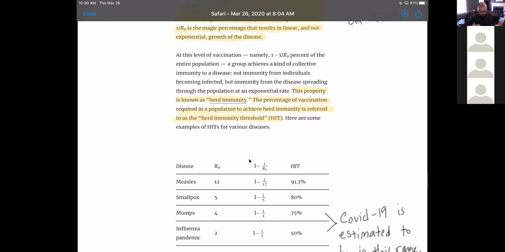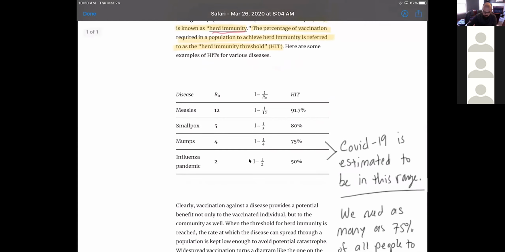And you may have heard this term, herd immunity. When you talk about vaccinations, if we hit this threshold, where we can make this number of people immune or just unable to get it by isolation or something, we say we've reached herd immunity.